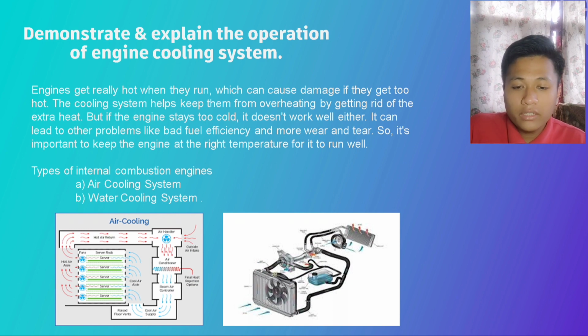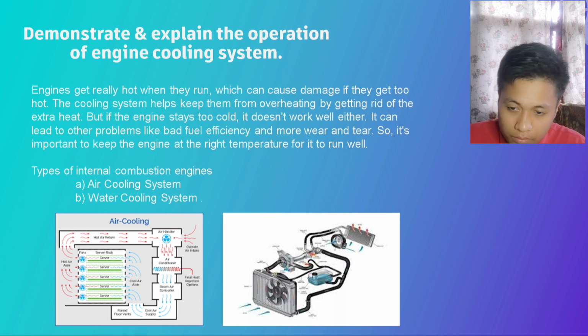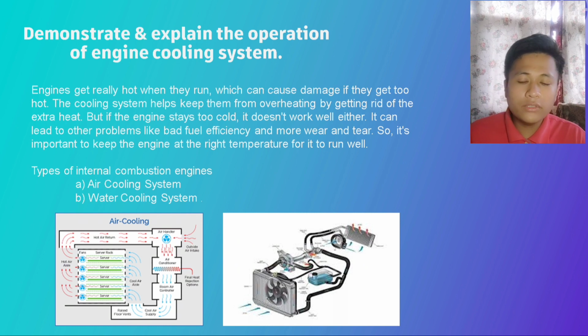Demonstrate and explain the operation of the engine cooling system. The burning air-fuel mixture in the engine cylinder may reach 4,000 degrees Fahrenheit or 2,200 degrees Celsius or higher. This means engine parts get hot.